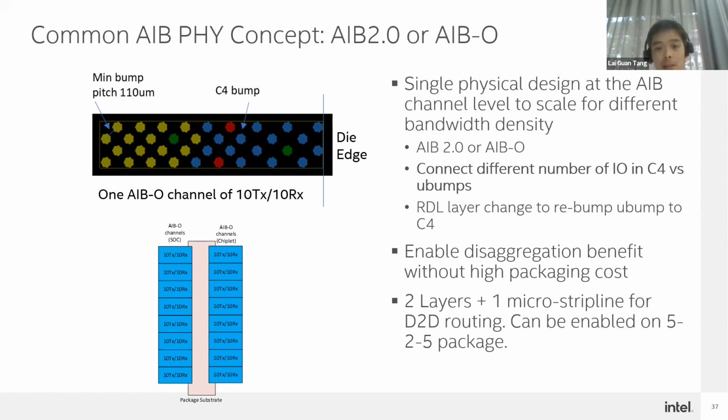One key thing I would like to highlight is that this can be done with a 2-layer plus 1 microstrip line type of die-to-die routing, and it can all be enabled on the more standard 5-to-5 package, right? Next slide, please, Dave.